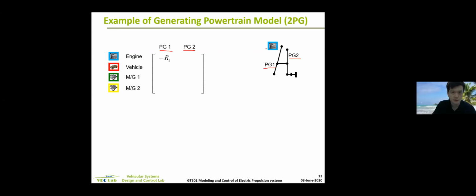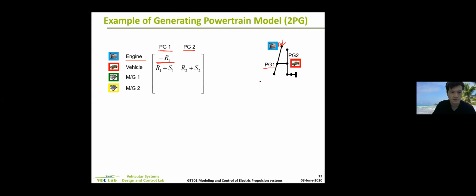Anyway, so let's say engine is connected to this node, okay? Then you put negative R. This was ring gear. And you put negative R here, where PG1 and engine is connected, and that node is R, ring gear, okay?